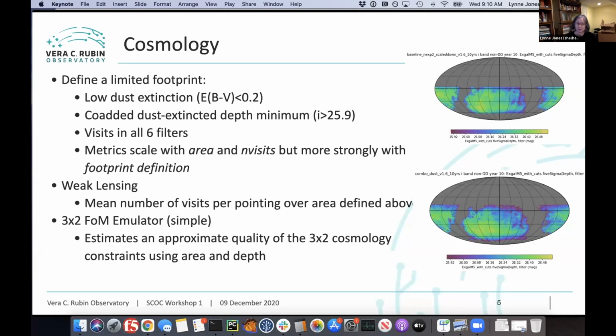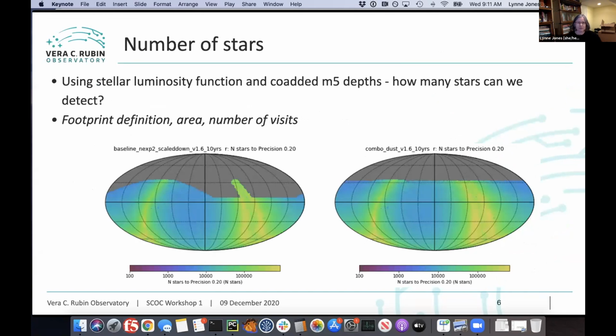I believe they also have finished up a more complex version, but this estimates an approximate quality of the 3x2 cosmology constraints using the area and the depth. So this is kind of a combination of how much area met those criteria, and then what the depth was over that area.